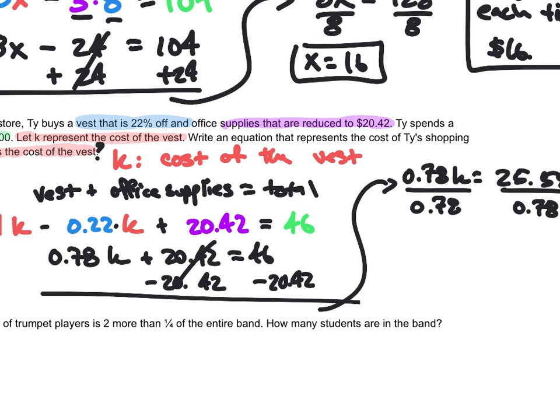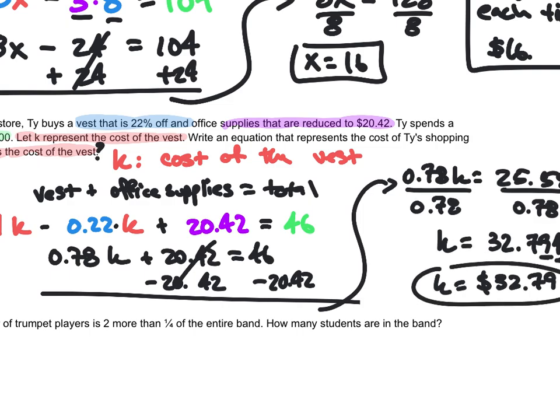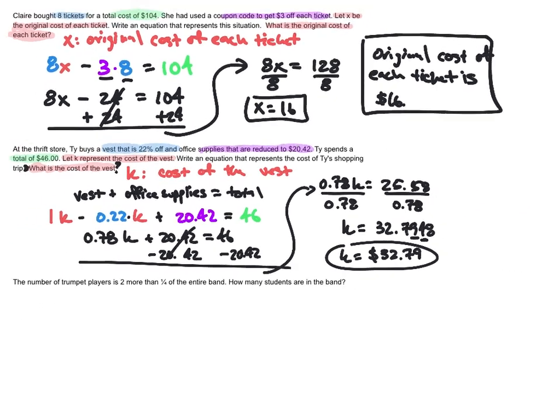And it ends up giving us that K is equal to, now I'm going to round to 2 decimal places here, 32.7948. Because I'm rounding to this spot, I'm looking at this number to the right, which is my 4. And so the original cost of the vest is $32.79.